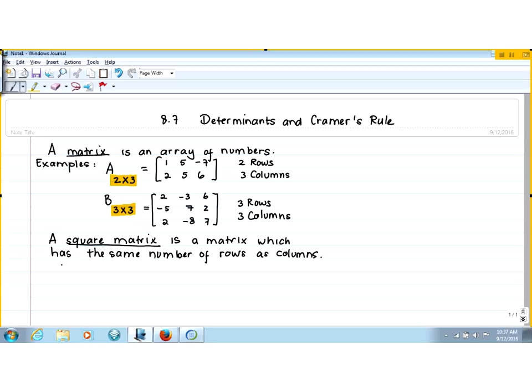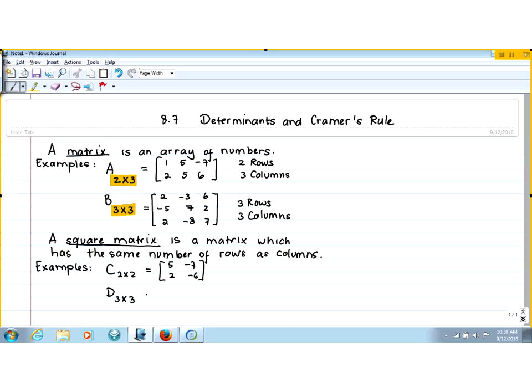All right. So, for example, you can name them anything. C, just say 2 by 2. So let's just say this is 5, -7, 2, -6. This is a square matrix.